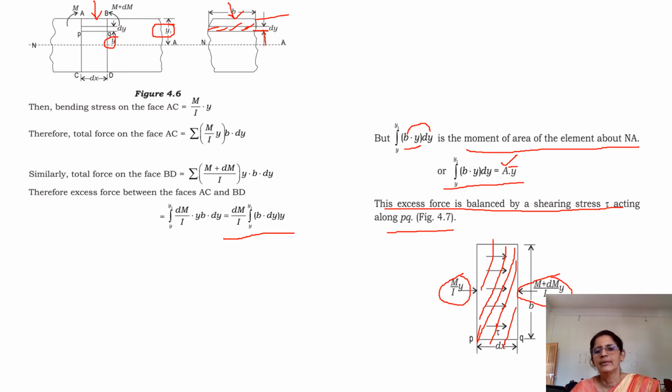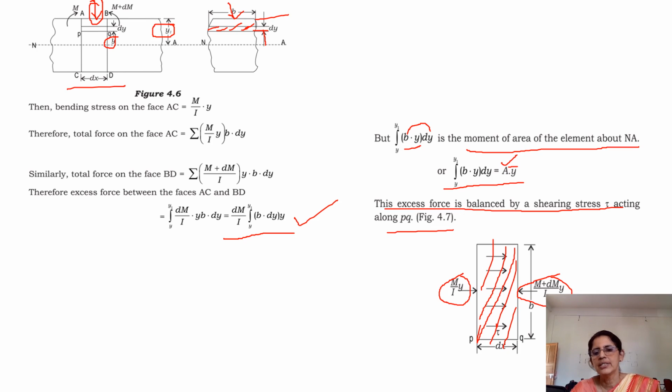This excess force which we have found out has to be balanced by the force due to the shear stress developed. So I have taken the top view of this particular portion, looking from this particular level. In the figure you can see this is the width dx, and the width of the element at that section is b.